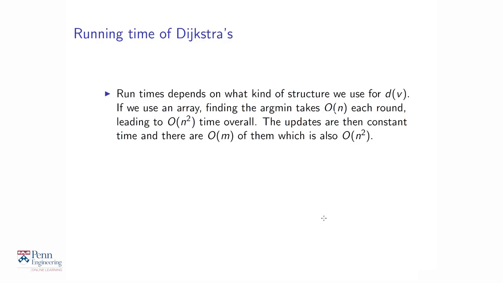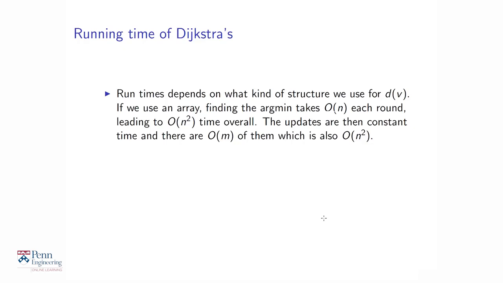At every stage, when we want to bring a vertex into capital S, we have to find the minimum value in this array. That can involve searching through the entire array, which takes order n operations per round. There are n rounds in all because you have to bring in n vertices, so that's a total of n squared. Every time we bring in a vertex to the source side, we have to update the d values for all the neighbors of that vertex.